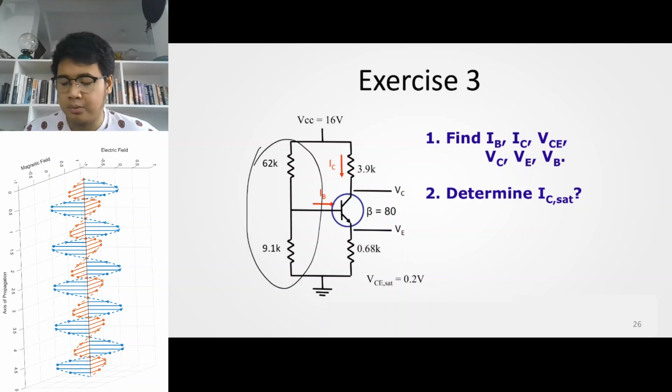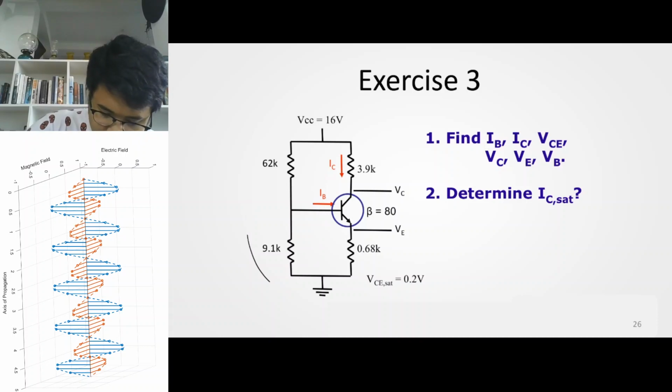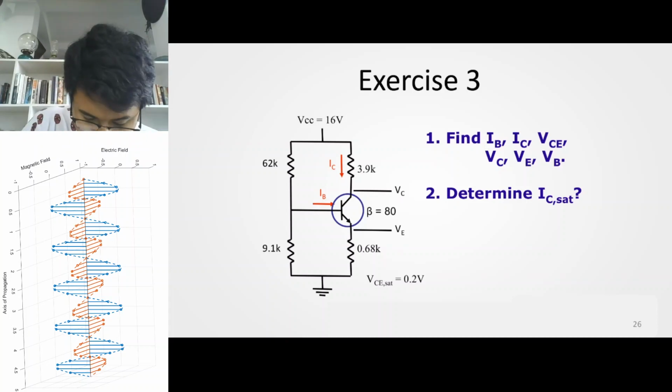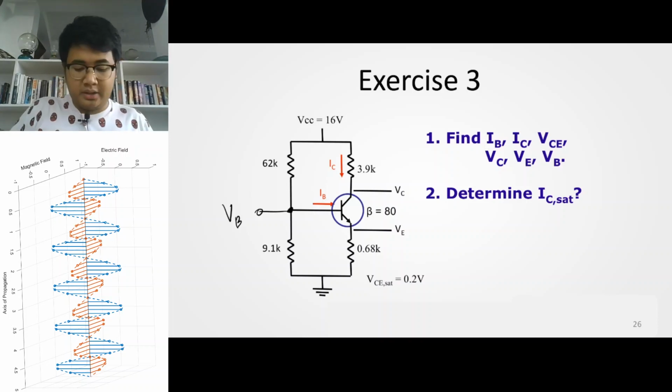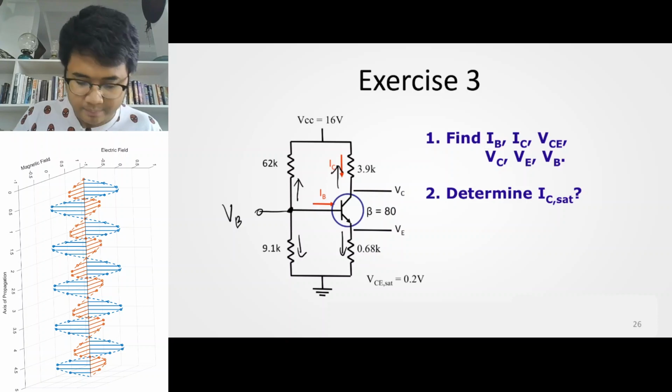If you're not comfortable with that, that's fine, you can just use nodal analysis. In this case, this is your unknown node, let's call it VB, and there are 4 branches connected to VB. Current going in here, here, out here, and out here.